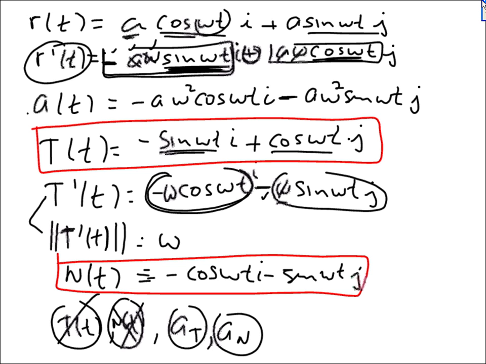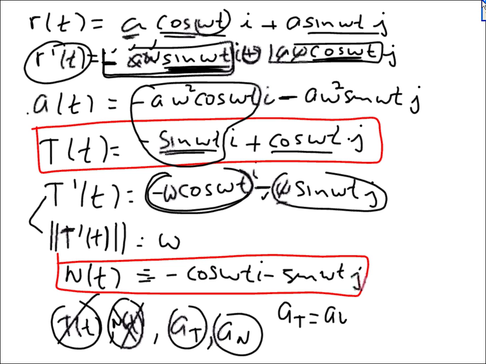Okay. Now, to find a sub T, that's just a dotted with T. So, I dot those two. The negative times the negative is a positive.